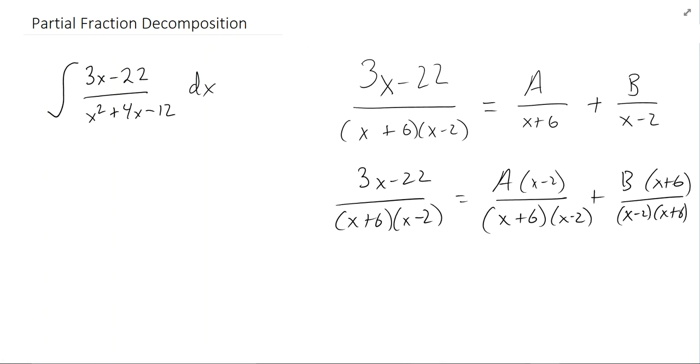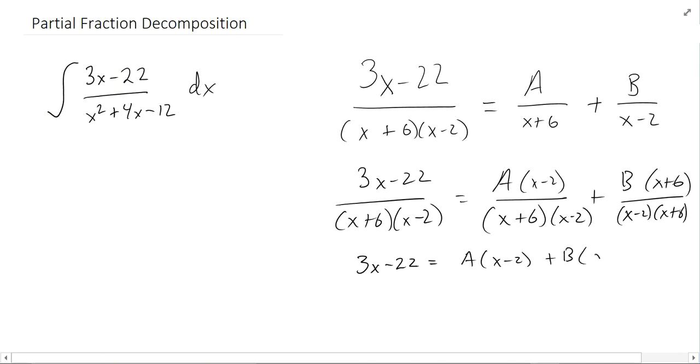Then the denominators are the same, so if these two fractions are going to be equal, their numerators have to be the same. So 3x minus 22 has to equal a times x minus 2 plus b times x plus 6.